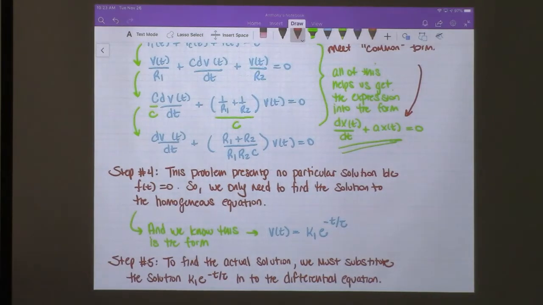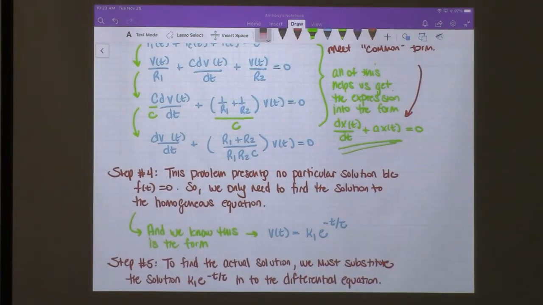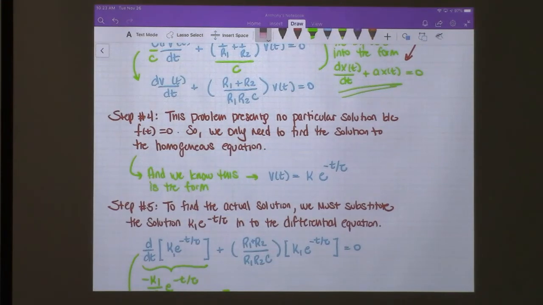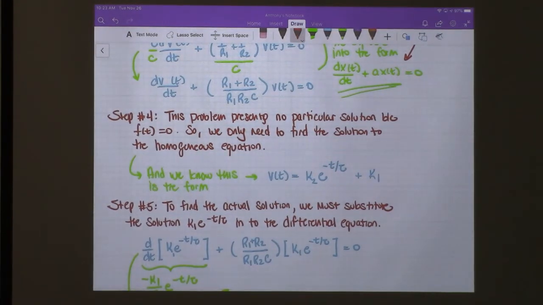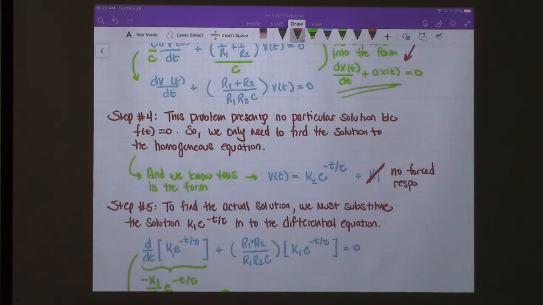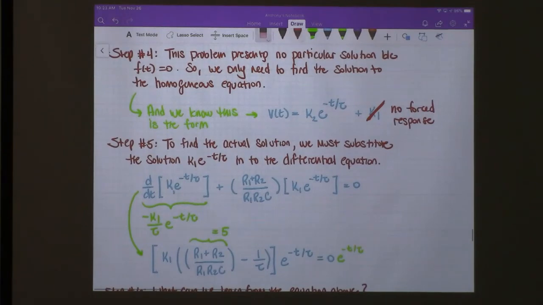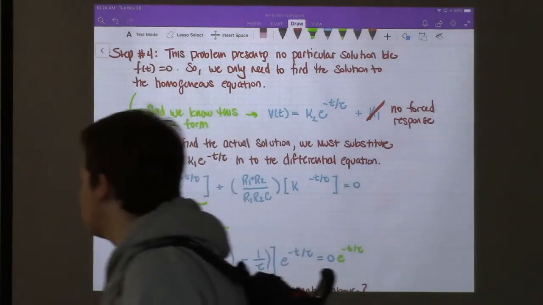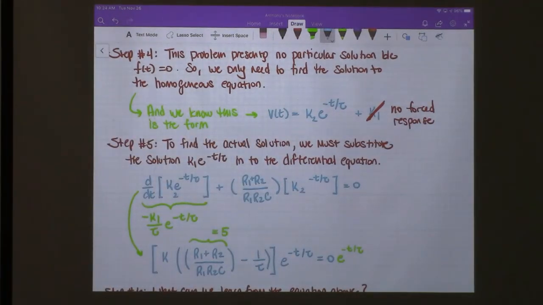Maybe to make things simpler, we can call this k2, and the plus k1 is over here, but it goes away, because there's no forced response. Okay. Now I have to remember to change all these 1s to 2s. 2, 2, 2. Okay.